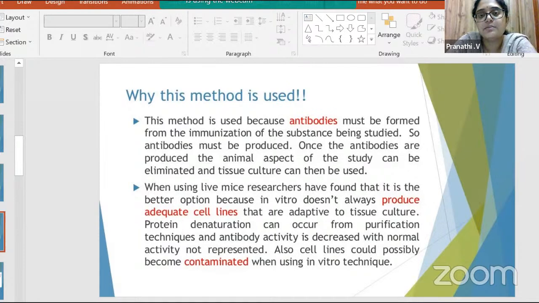So the body of the patient who has accepted these organs will not reject these donor organs.